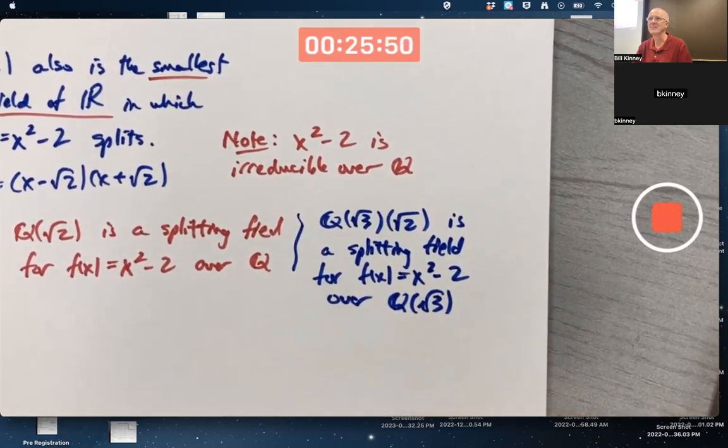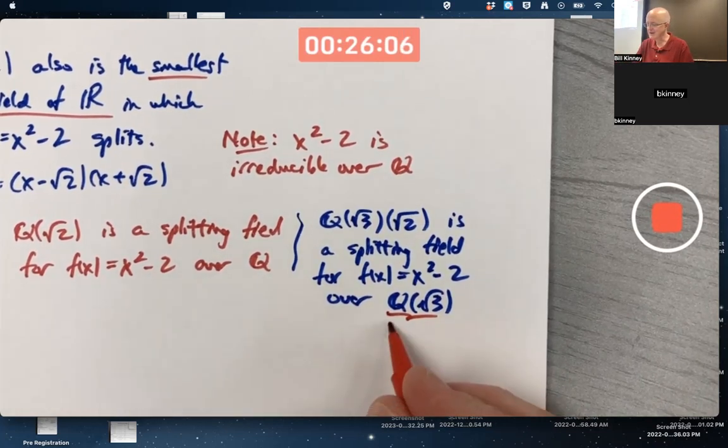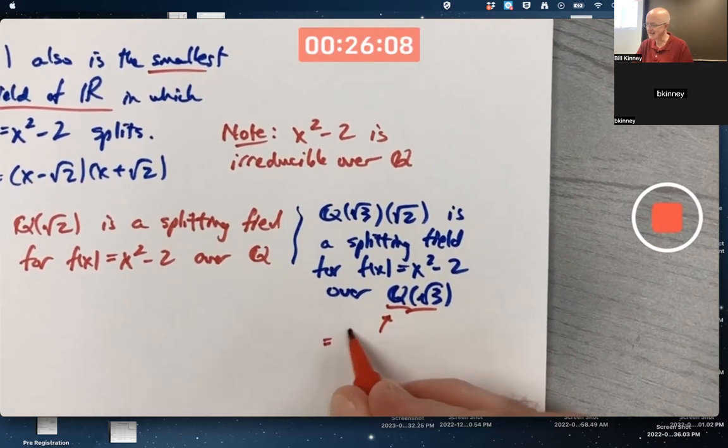Whoa. Does that blow your mind? Well, what's q adjoin square root of 3? Well, by definition, it's the smallest subfield of the reals or the complexes containing all the rationals and square root of 3. How can you describe this in set builder notation?